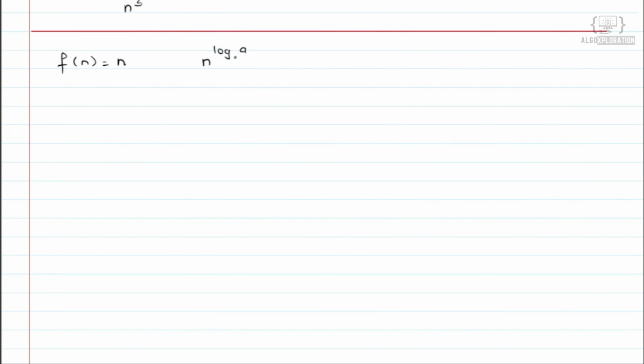Now please observe here, the value of f of n is equal to n, and the value of n raised to log a base b is n raised to 3. Now by comparing we found out that this term is bigger, so it goes to case 1, that says f of n is equal to order of n raised to log a base b minus epsilon.